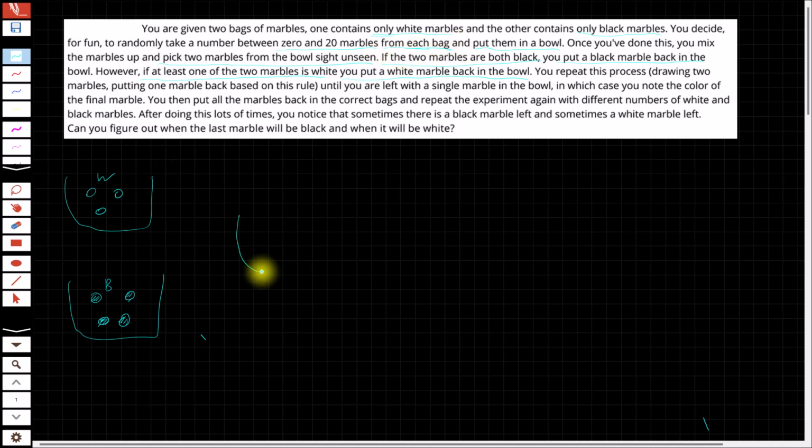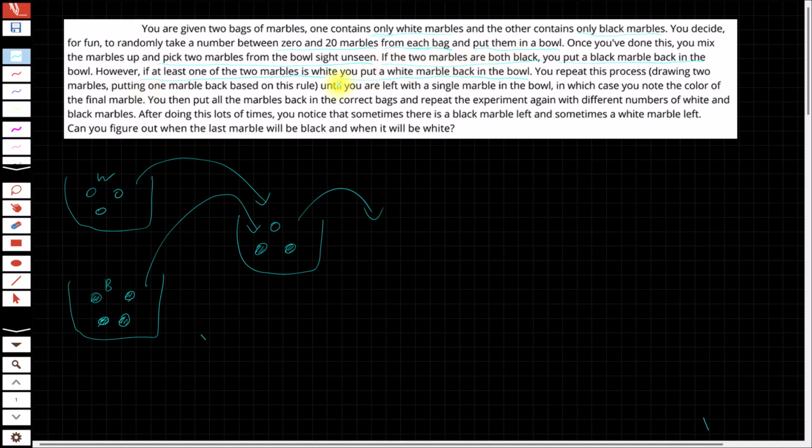So we have a bag, another bag, we take some marbles out of there, between 0 and 20 from each, so maybe a white marble and maybe 2 black marbles. Once we've done this, we mix the marbles up here and pick 2 marbles from the bowl unseen. So we close our eyes and pick 2 marbles from this bag. So we take 2 marbles out of this bag.